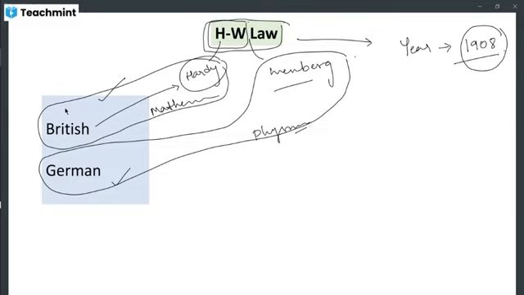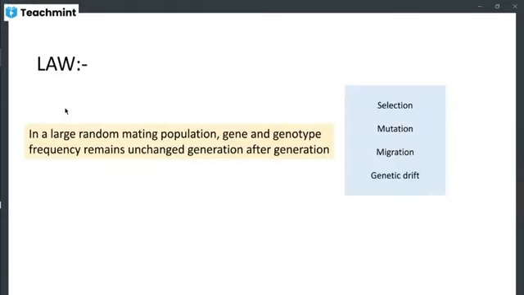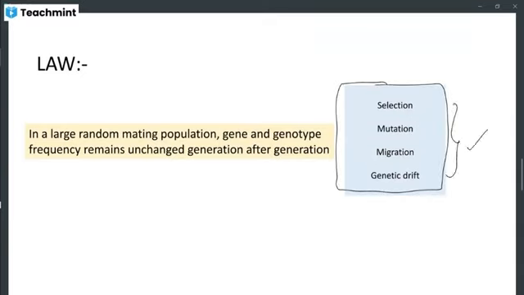If there are no selection, mutation, migration, and genetic drift. Please do remember these four. Okay, these are the most important things.